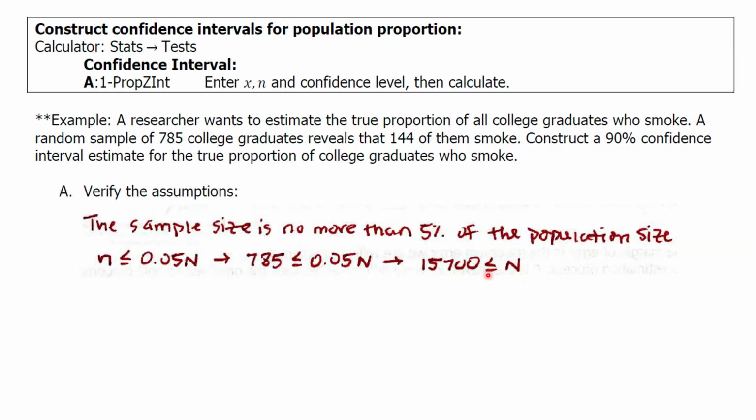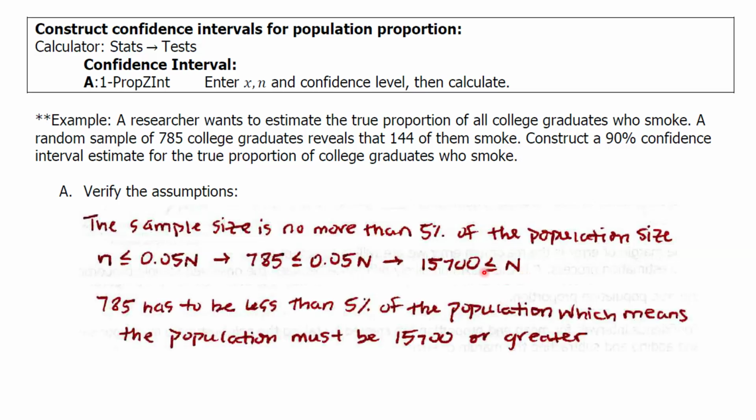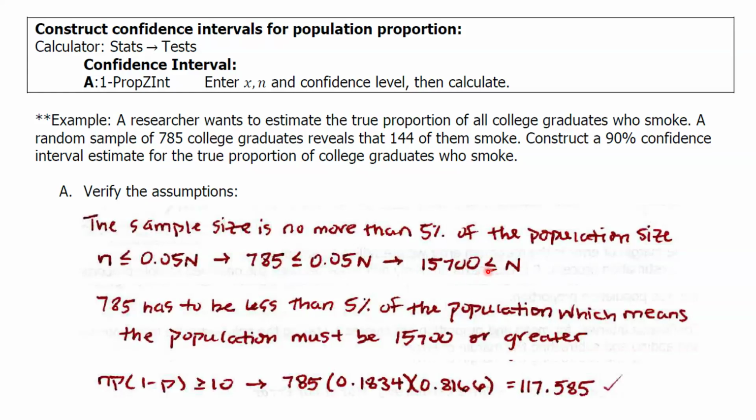15,700. So 785 has to be less than 5% of the population, which means the population must be 15,700 or greater, which we are assuming that it is. And then n times p times 1 minus p must be greater than or equal to 10.